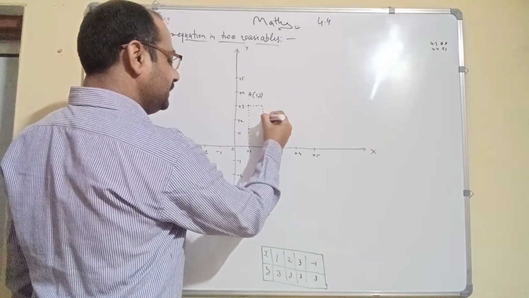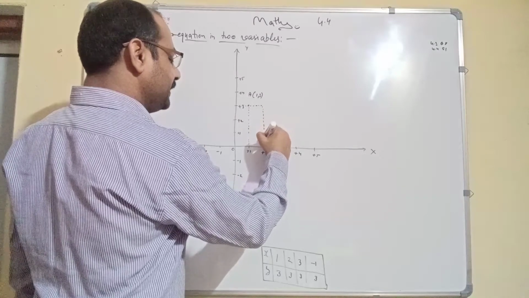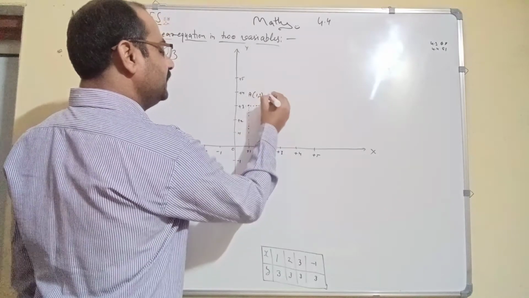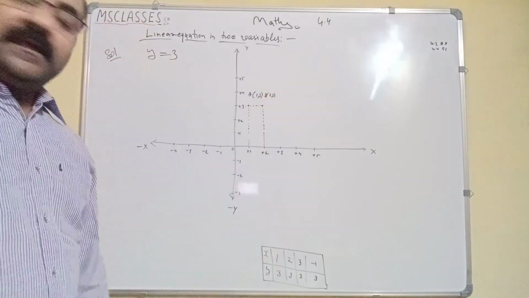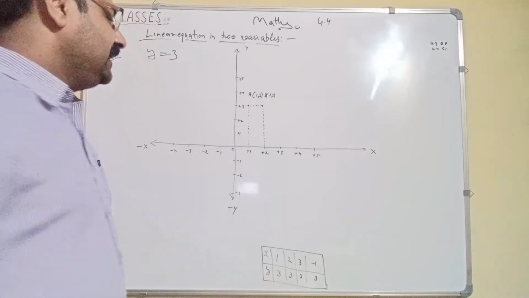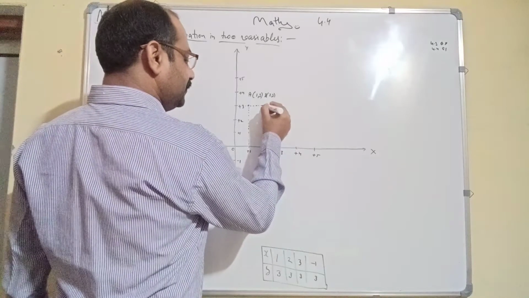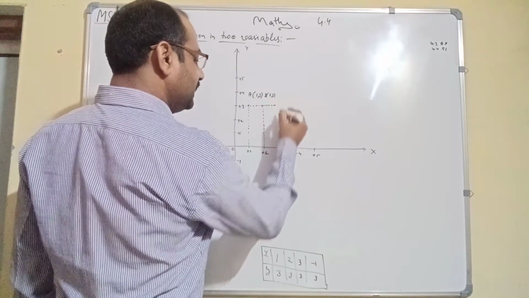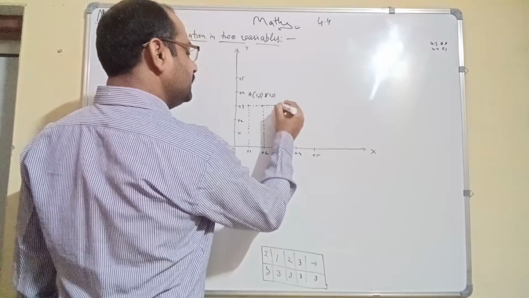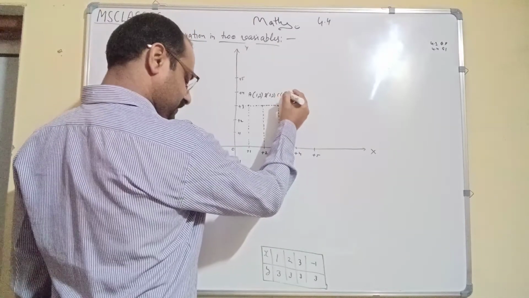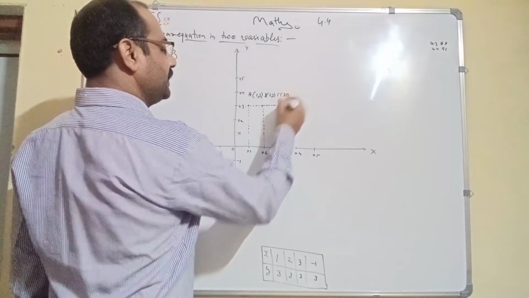So another perpendicular meets at another point, this is B, 2 comma 3. Then x is equal to 3, y again 3. So this is another point where two perpendiculars meet. This is C, 3 comma 3.